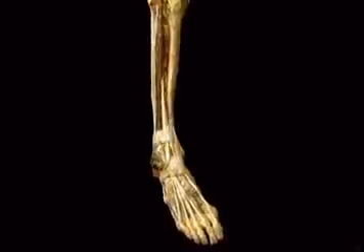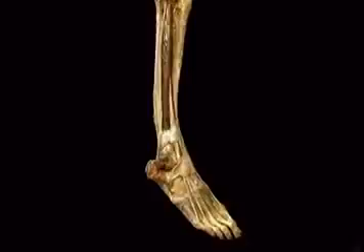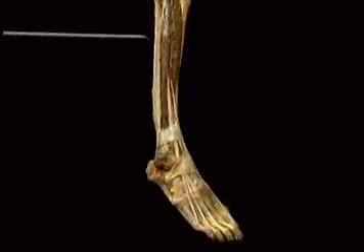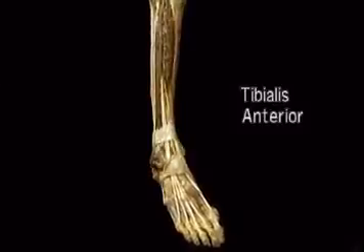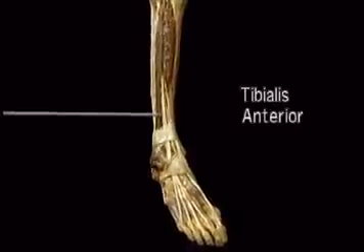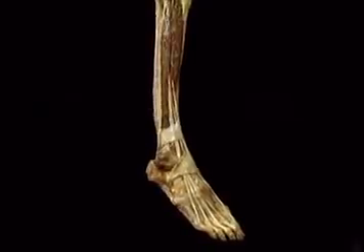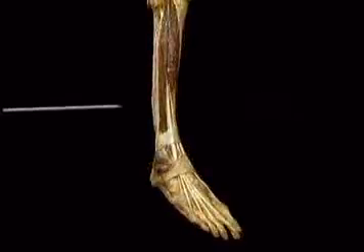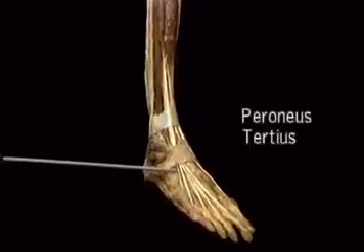To see all the muscles of the anterior compartment together, we'll add tibialis anterior to the picture. Here it is. We saw tibialis anterior in the last section. It almost covers up extensor hallucis longus. We'll also add peroneus tertius, which arises in continuity with extensor digitorum longus.